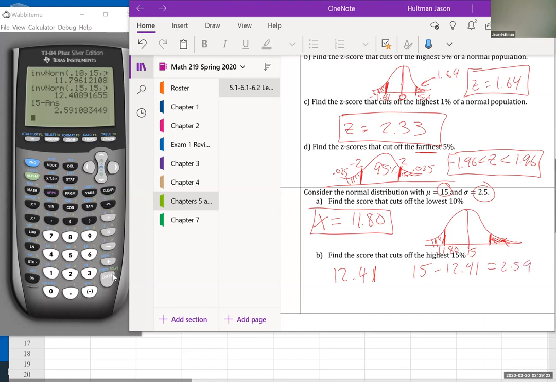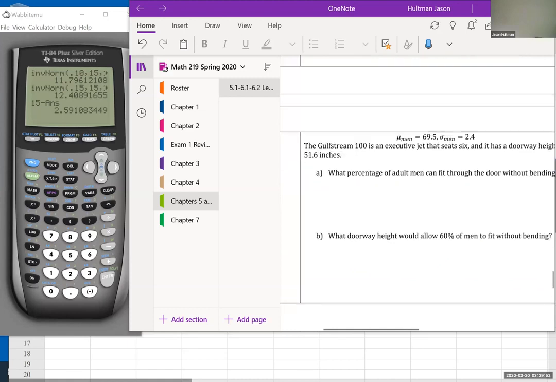And instead of subtracting that from 15 to get my lower value, I'm going to add that to 15 to get my upper cutoff. And so that becomes 17.59, which is my upper cutoff. My lower cutoff was 12.41. My upper cutoff is 17.59 because they have to be the same distance from the top and the bottom.